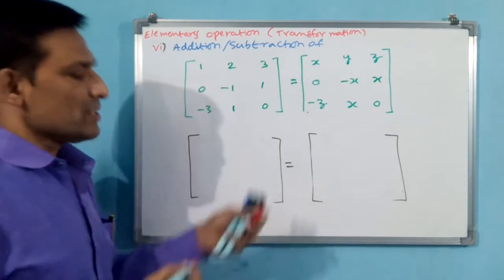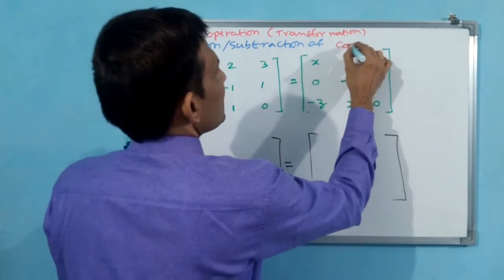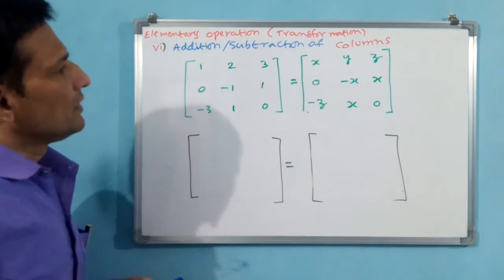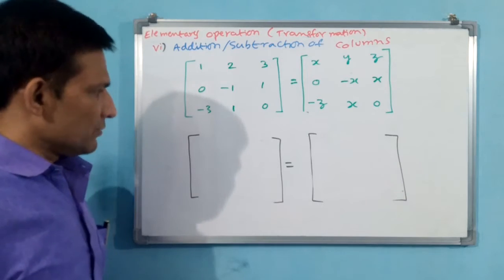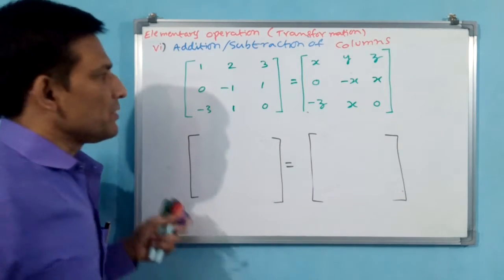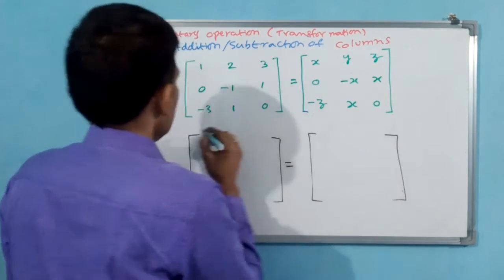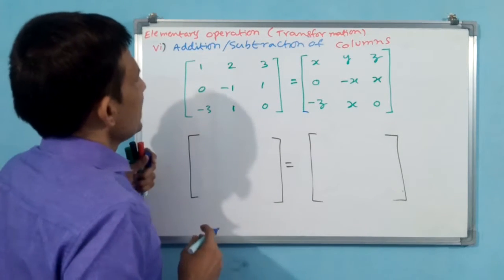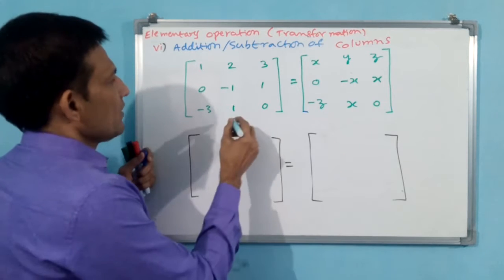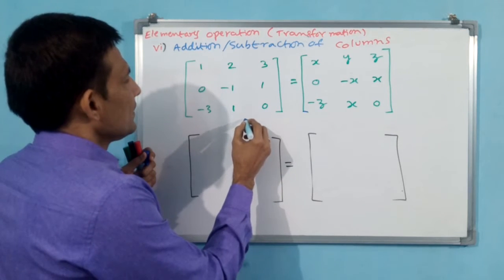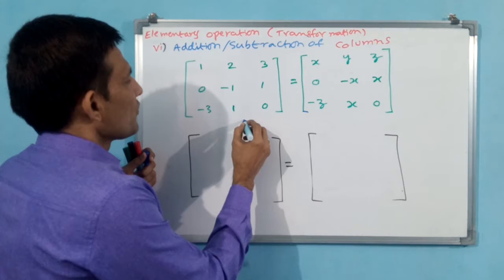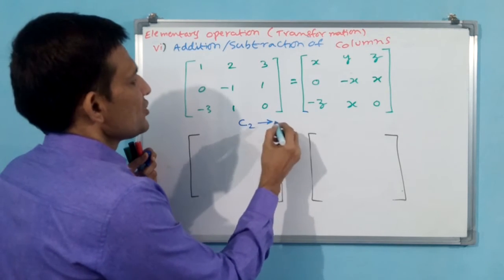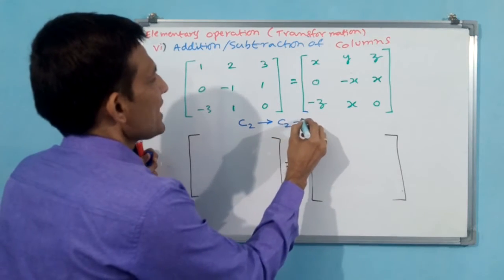Okay, sixth one, addition or subtraction of columns. What I am writing, you simply observe carefully. This time we will take a subtraction. We will write like this. The change is in C2. That change is C2 minus C1.